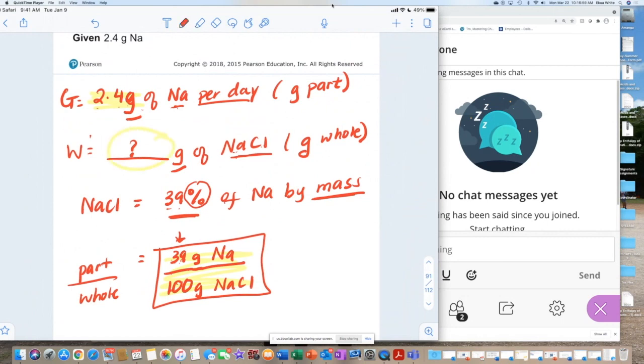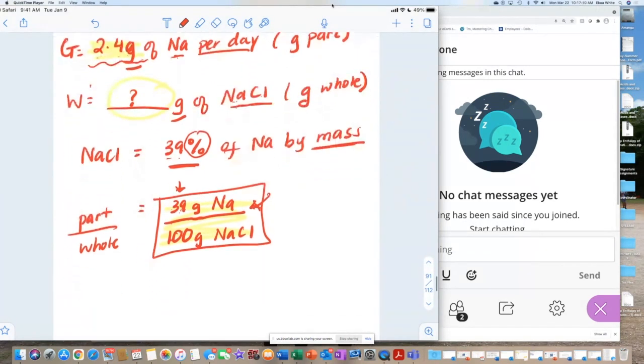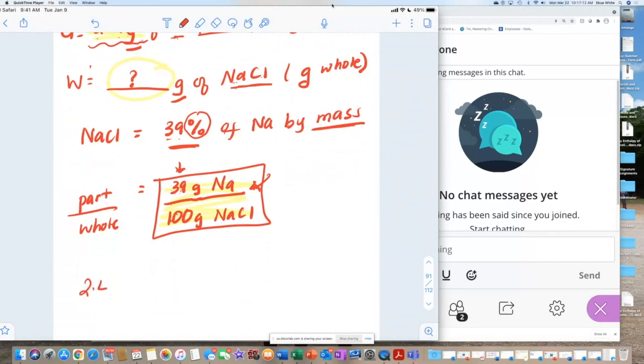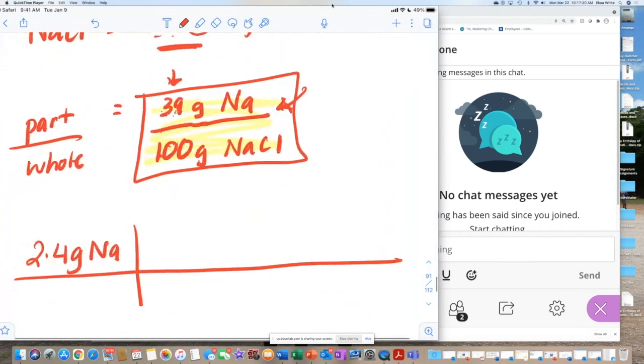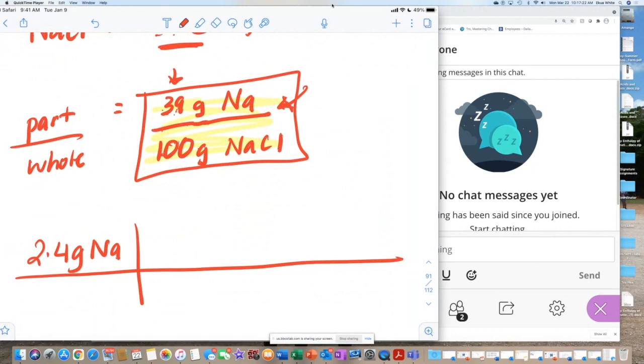Okay, I'll set it up. When you're doing your conversion, start with the simplest number. A fraction is a lot more complex than a simple number like the given. So I'll start with my 2.4 grams of sodium. Now I use this percent as a conversion factor, but you know the rules of using this conversion bracket.